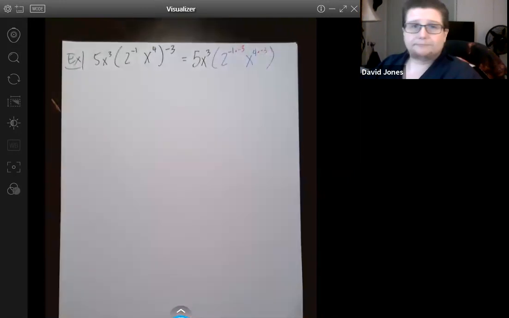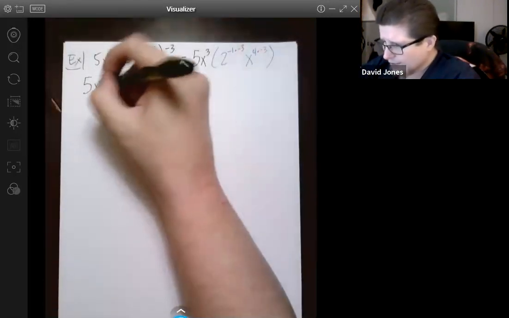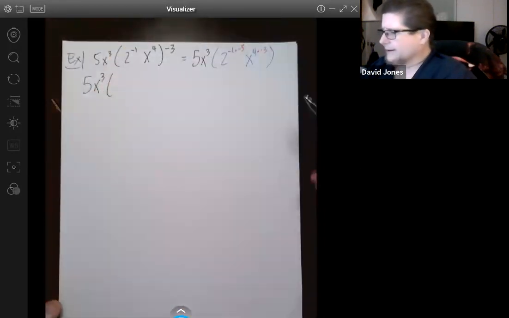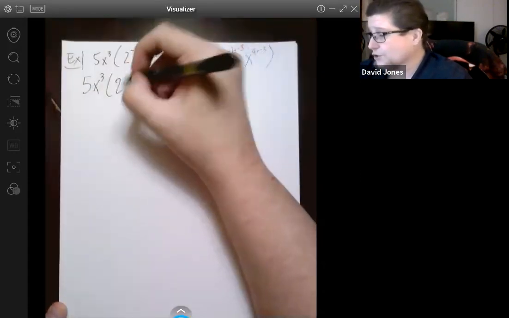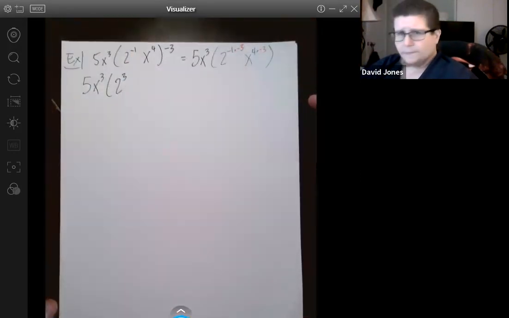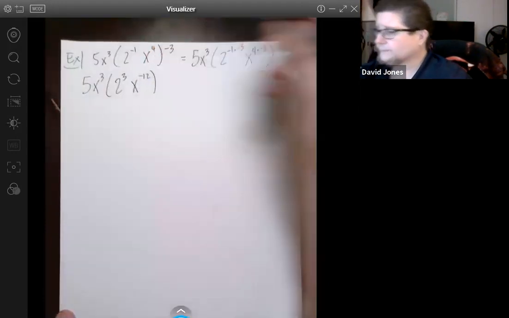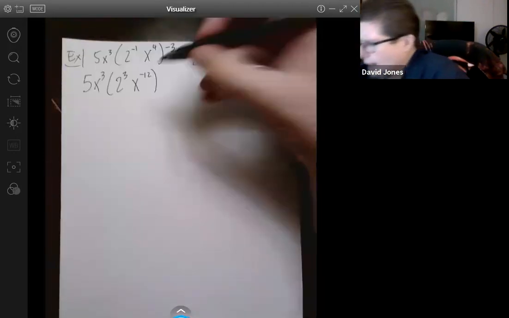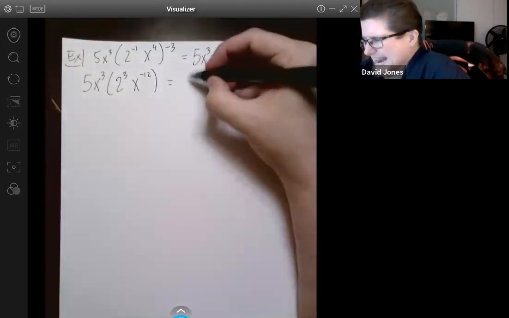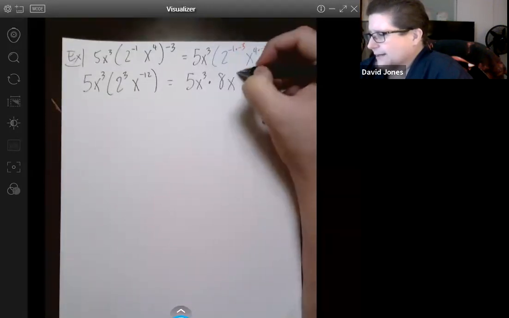And that gives us 5x cubed on the outside. -1 times -3 is +3, so that's 2 cubed. And 4 times -3 is -12. And 2 cubed, I can rewrite, that's 8. So we've got 5x cubed times 8x to the -12.